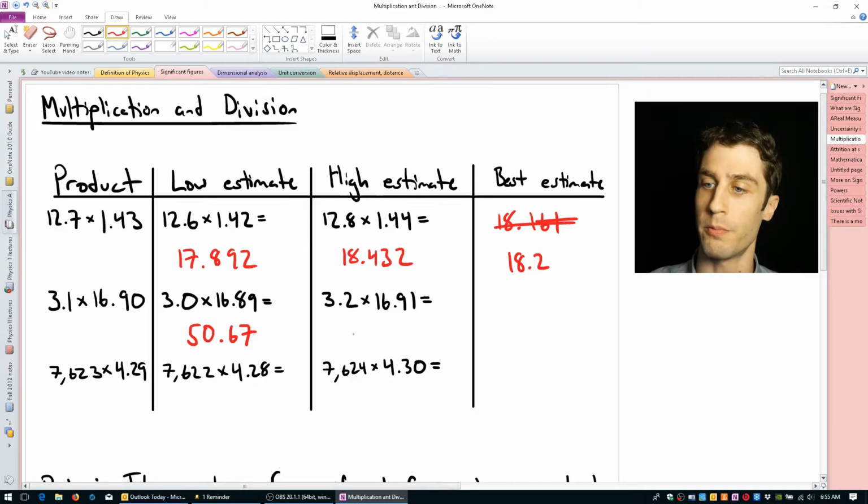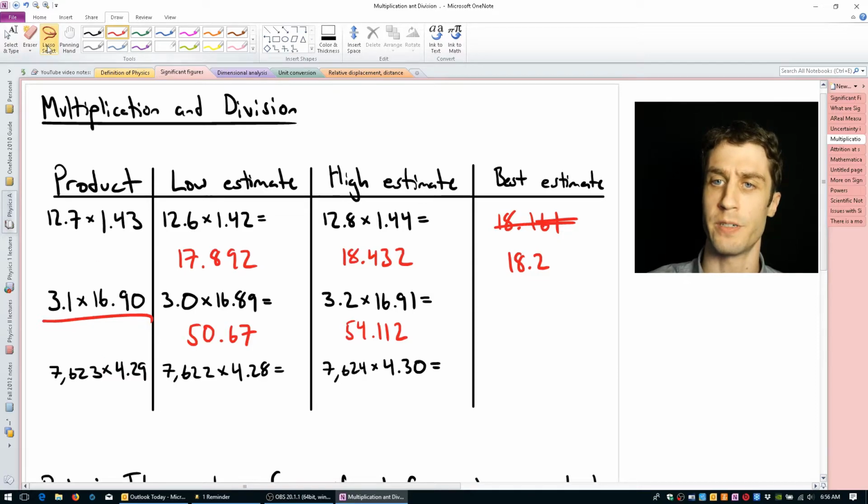That's 54.112. Okay. And take a look at this. They both agree that the first digit is 5, but the second digit could be as low as 0, or maybe 1 if we round up, or it could be as high as 4, and so we'll basically split the difference. Let's multiply these two numbers together directly.